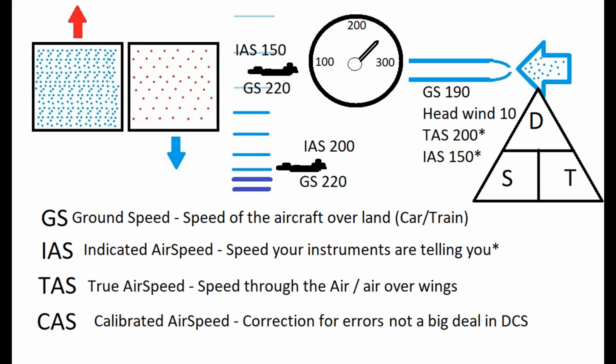There is a percentage of your altitude, so don't quote me on this, but it's something like 2% every 1,000 feet you go up. There's a 2% decrease in what your indicated airspeed is telling you you're doing.